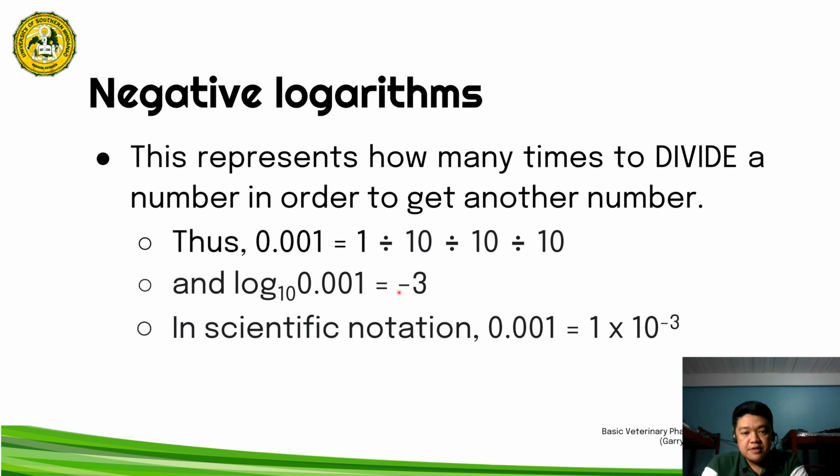In logarithm, this can be expressed as log base 10 of 0.001 is equal to negative 3. So the negative here represents the number of times that we are going to divide 1 in order to get this number. In scientific notation, 0.001 is equal to 1 times 10 raised to negative 3.